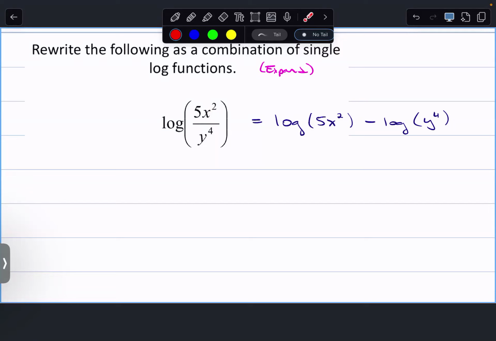So what's the next thing we're going to do? I've got multiplication inside the logs here. So as long as I'm careful to add these logs and still subtract this log, then I'm okay. So I've got the log of 5 plus the log of x squared minus the log of y to the 4th.